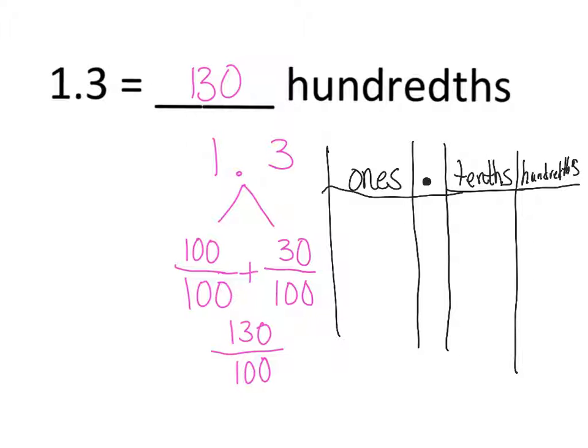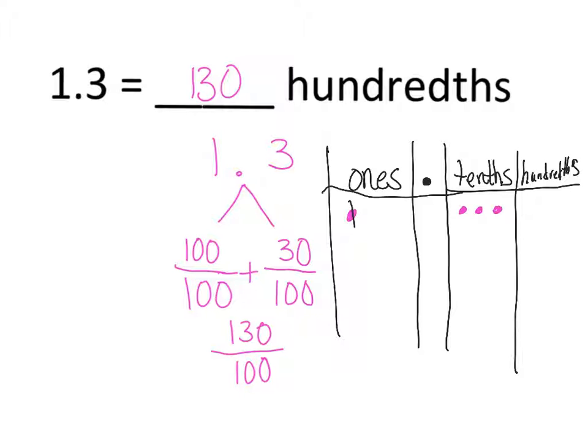what we can do is we can say, how many ones do we have? Well, we've got 1, 1, and we've got 3 in the tenths. So what we want to do is take each one of those and move them into the hundredths.